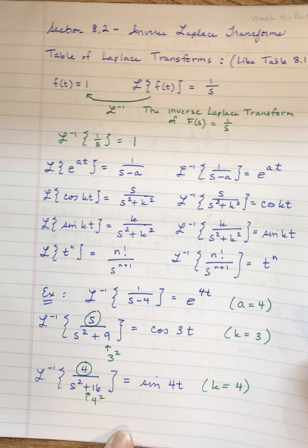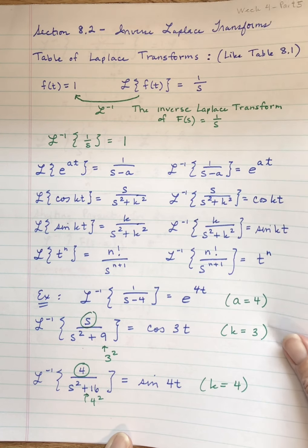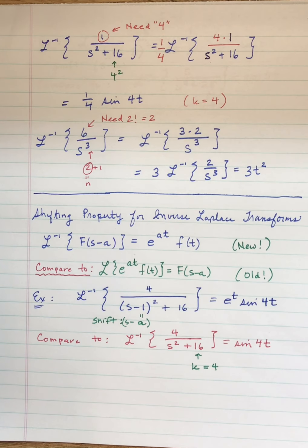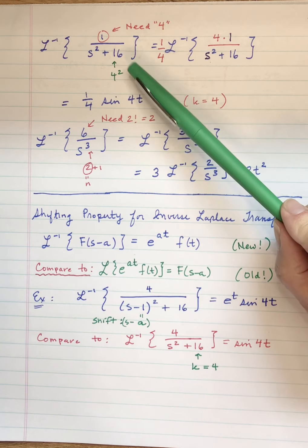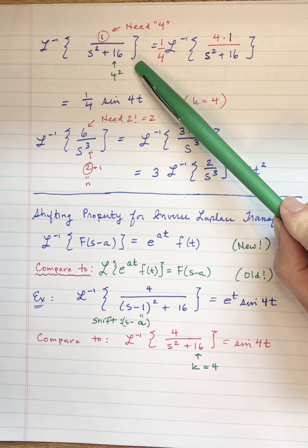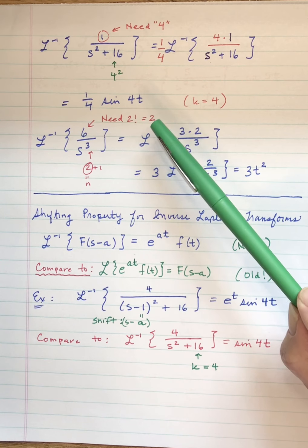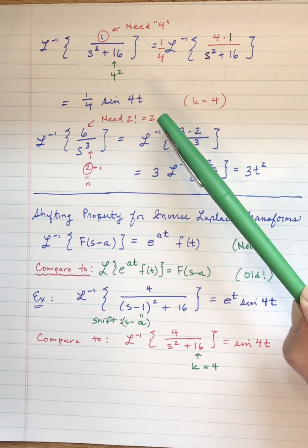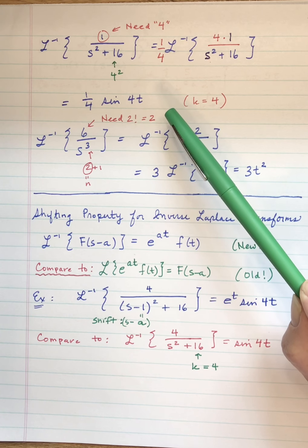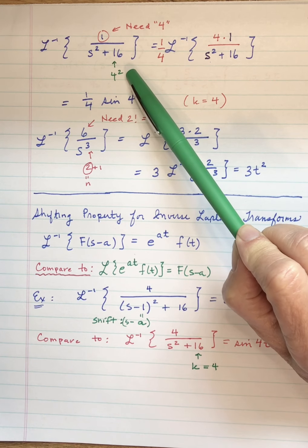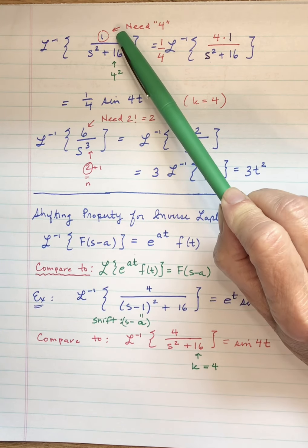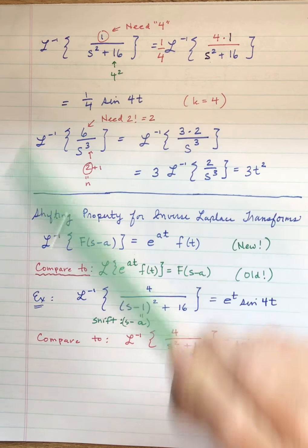But of course, we start making them not perfect. So what if I say, hey, what is the inverse Laplace transform of 1 over s squared plus 16? Notice I have a constant in the numerator. That makes you think of the sine of kt formula. But if k is 4, I need k in the numerator, so I need a 4 up there.